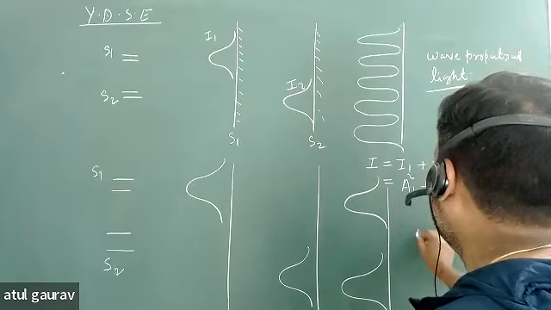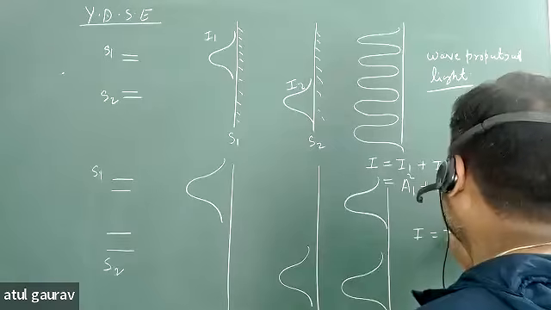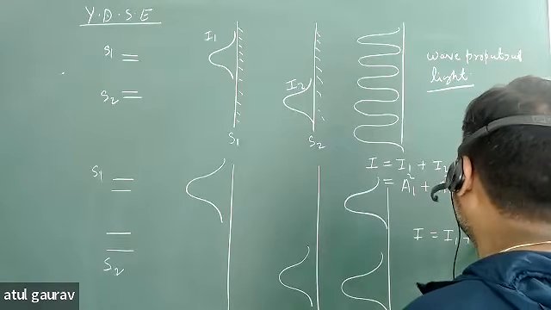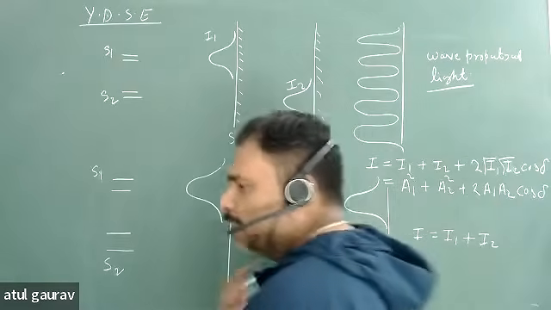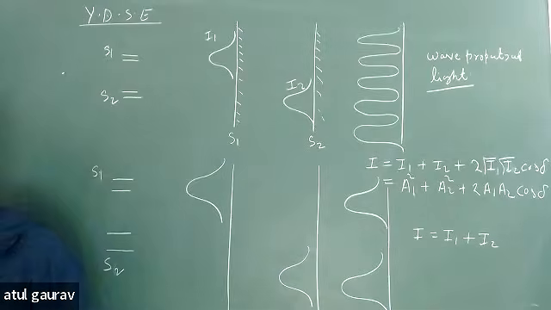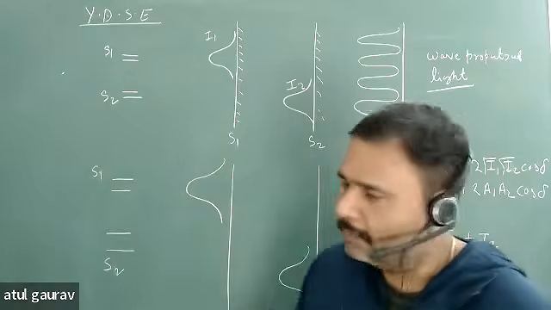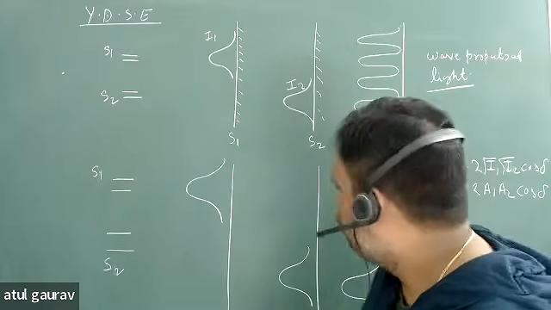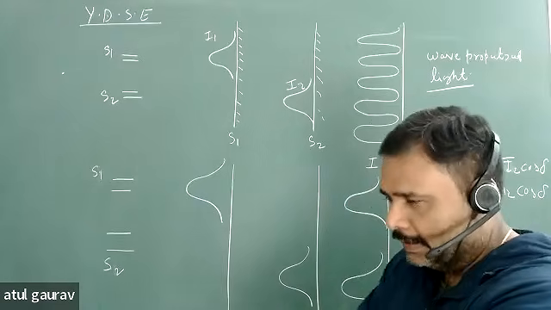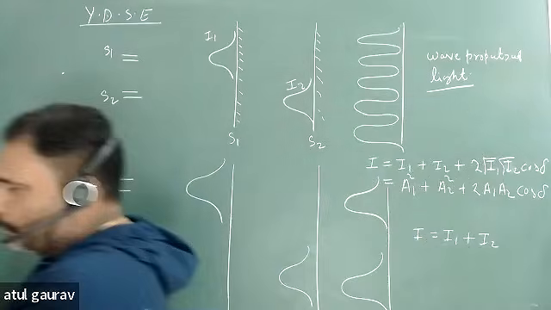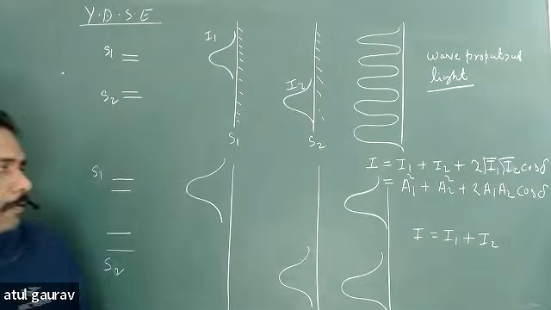And this will be your I is equal to something like I1 plus I2. What is intensity in case of marble ball? Intensity क्या होगा marble ball के? Number of marble ball. Very good, very good. क्या नाम है आपका? Dipanita. Okay, very good.